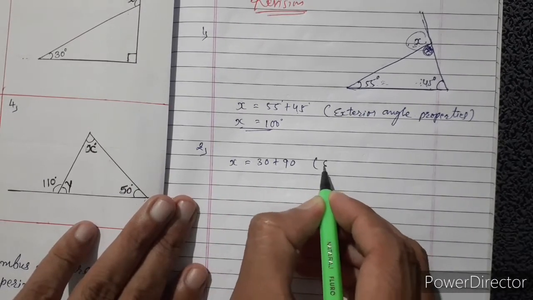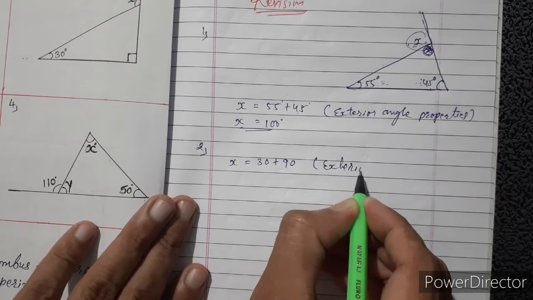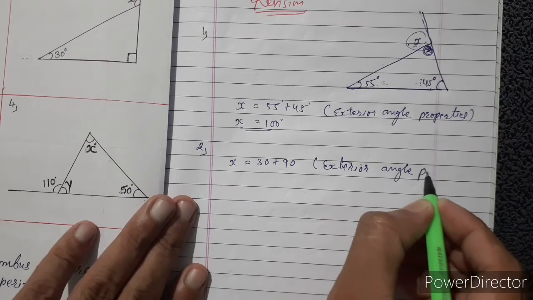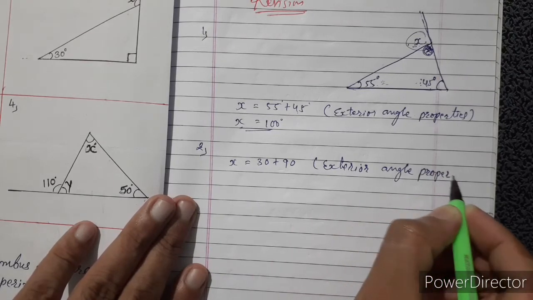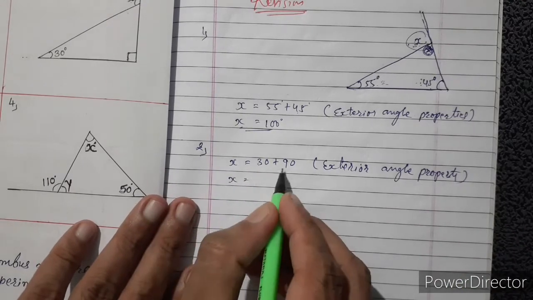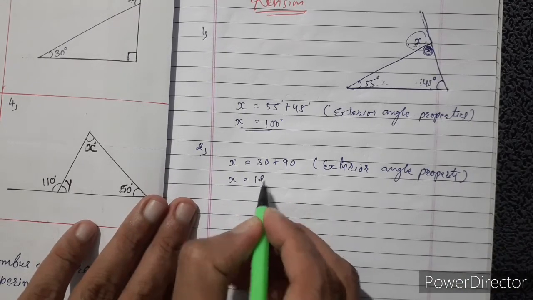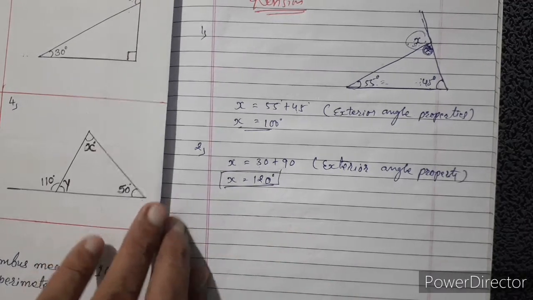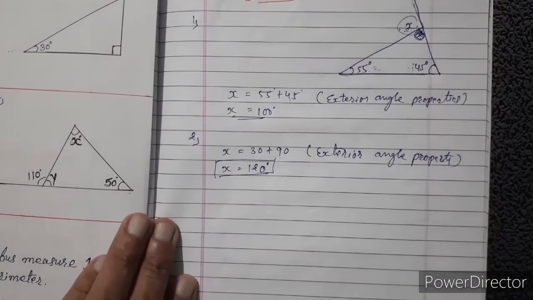Same reason here: exterior angle property. So x equal to 120 degrees. Clear?